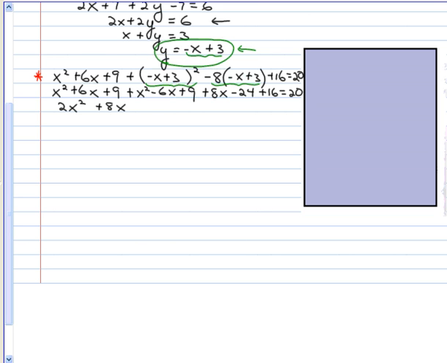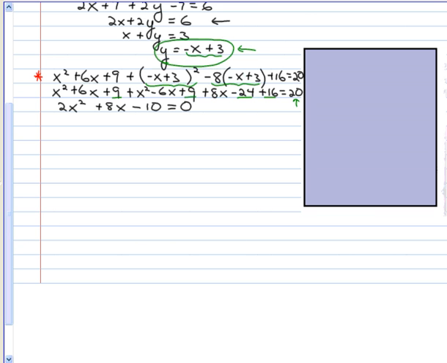Then my numbers: 9 plus 9 more is 18, minus 24 is negative 6, plus 16 is 10. Then I subtract 20 from my 10, so 10 minus 20 is negative 10, and I have it equal to 0. All we did on that line was combine our like terms and make it equal to 0.